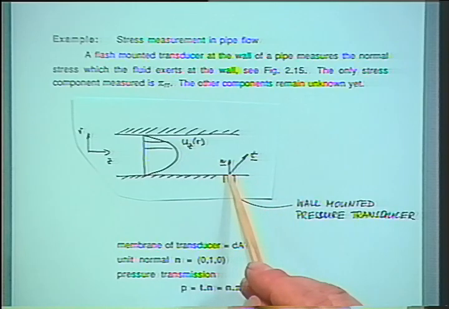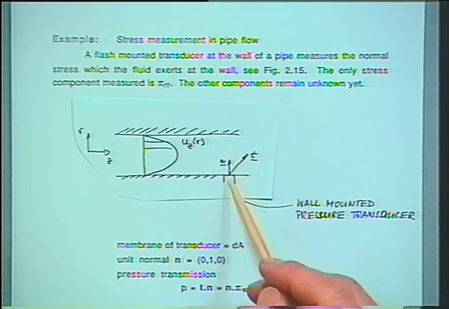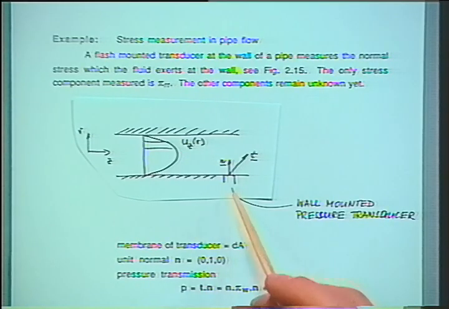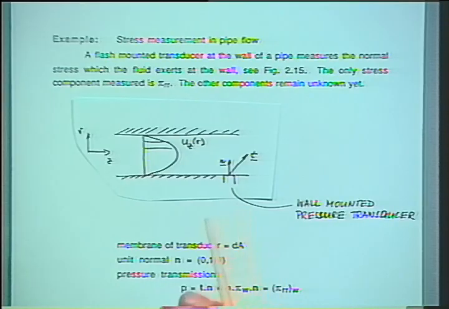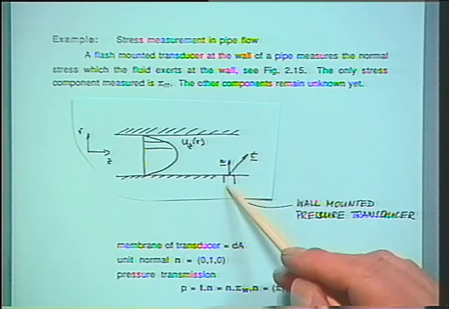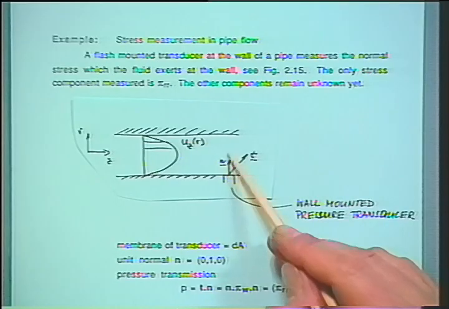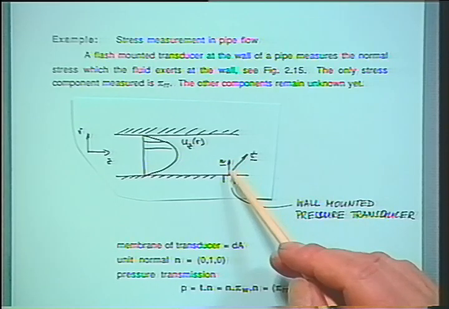It has a membrane which separates the fluid in the pipe from the fluid in that transducer, and that fluid is expanding some cylinder when it's under pressure, and the cylinder expansion is measured with some strain gauges, and that gives us the pressure in that transducer. Now note, the only force which is transmitted here is a normal force.